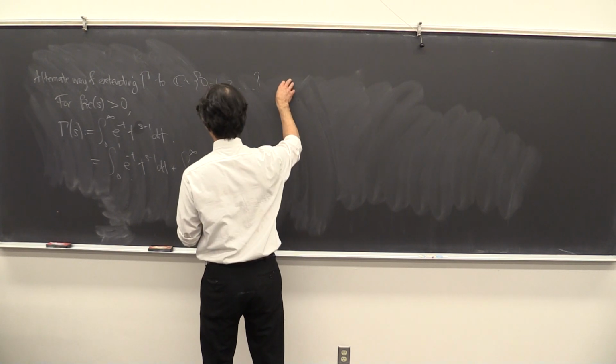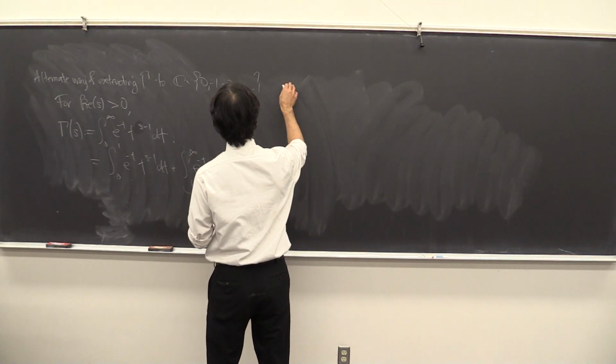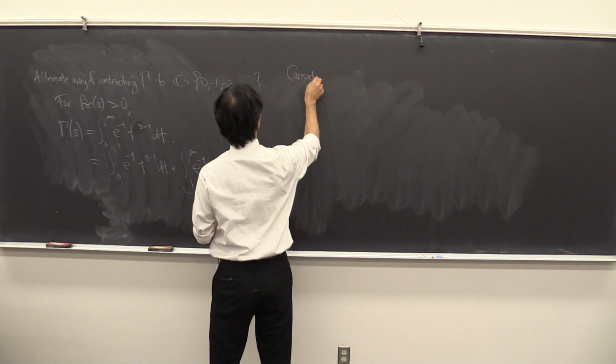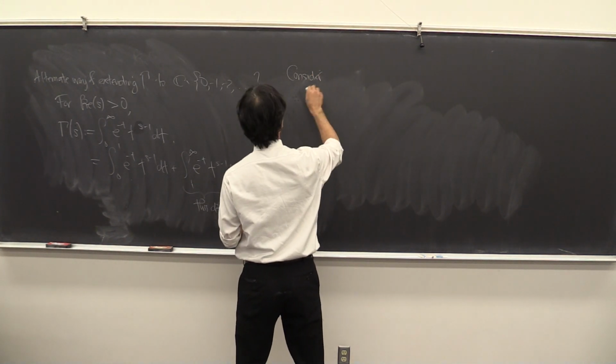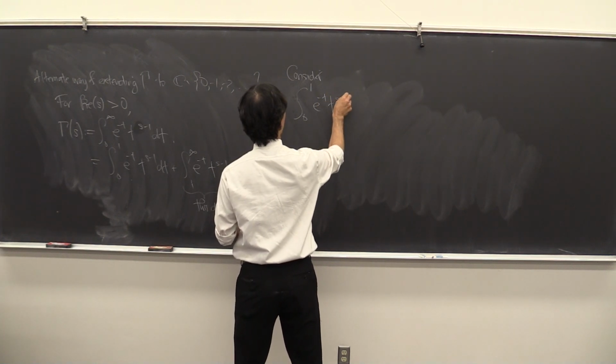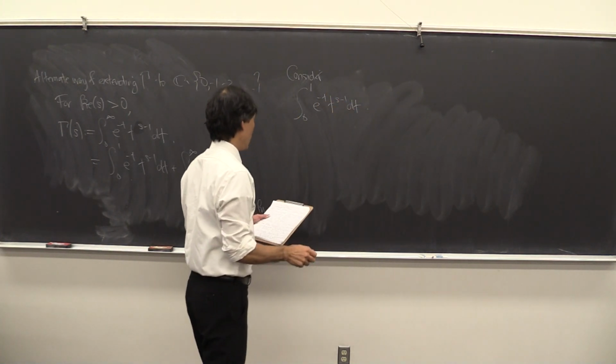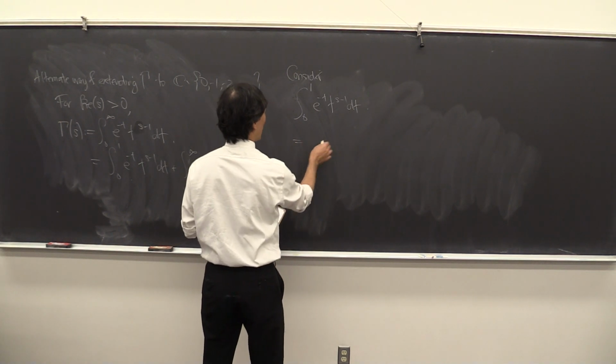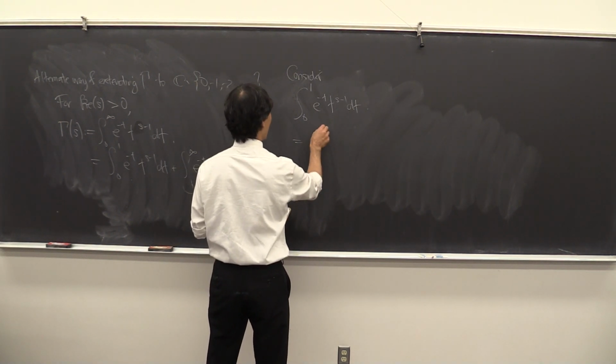Okay, and the way we get that meromorphic function is pretty straightforward. If we consider this thing on the left, we're just going to take the power series expansion of e to the minus t.